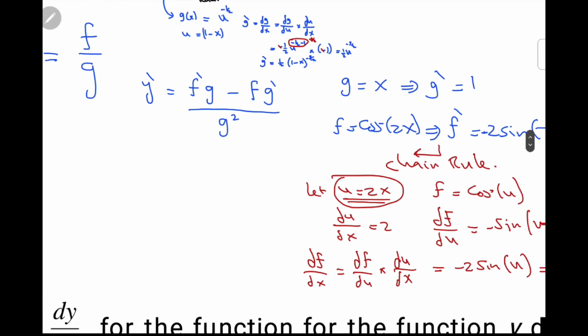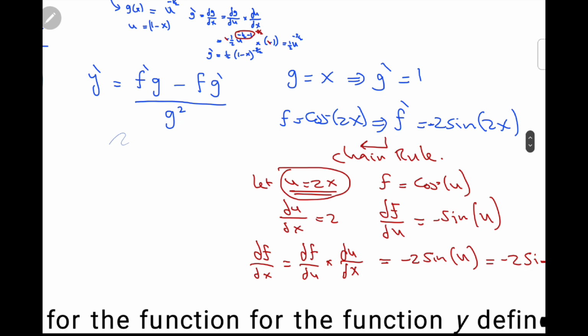So now let's plug the values back. f prime is −2 sine 2x, and g is x, minus f, which is cosine 2x, and g prime is 1, divided by g squared, which is x squared.